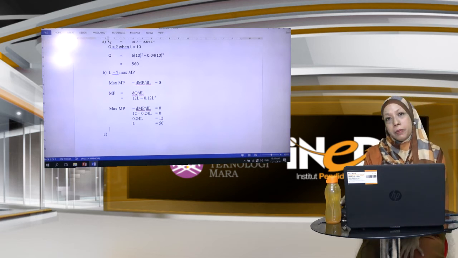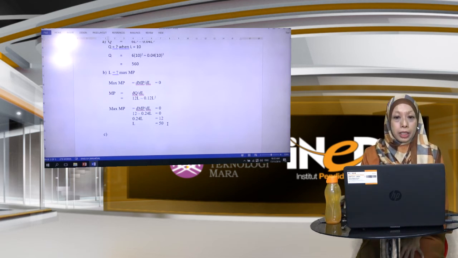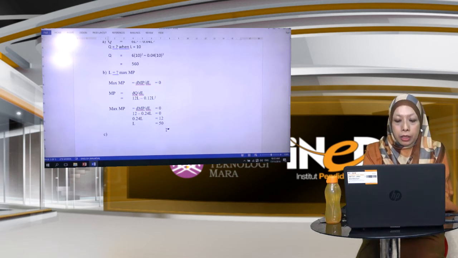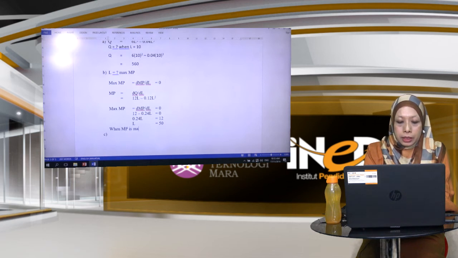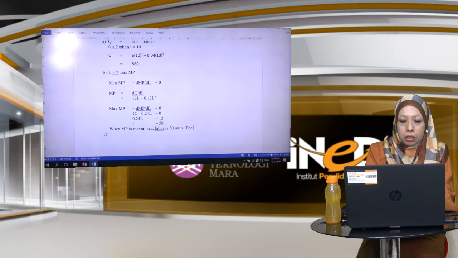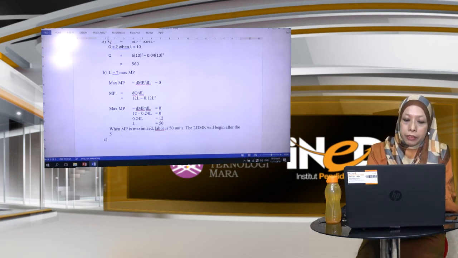So the law of diminishing marginal returns will begin after 50 units of labor, because when marginal product is maximized, labor is 50 units.